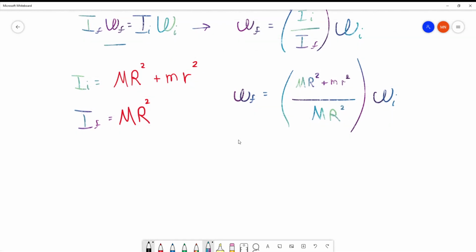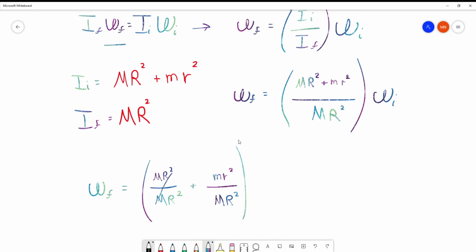I'm going to divide through by MR squared, so we've got MR squared over MR squared plus little m little r squared divided by capital M R squared.